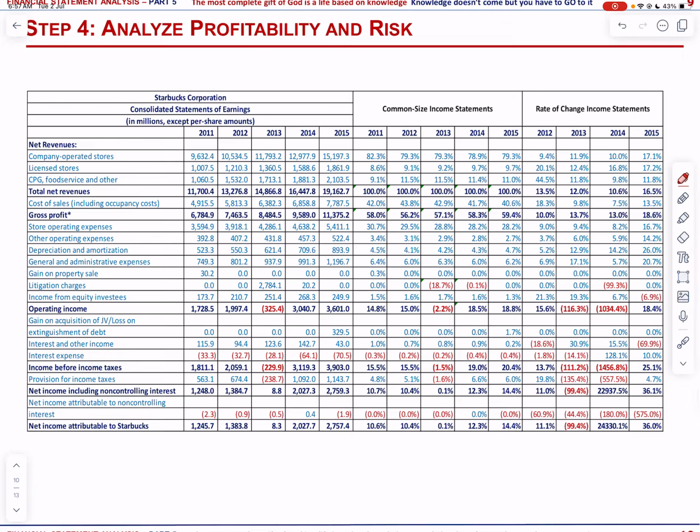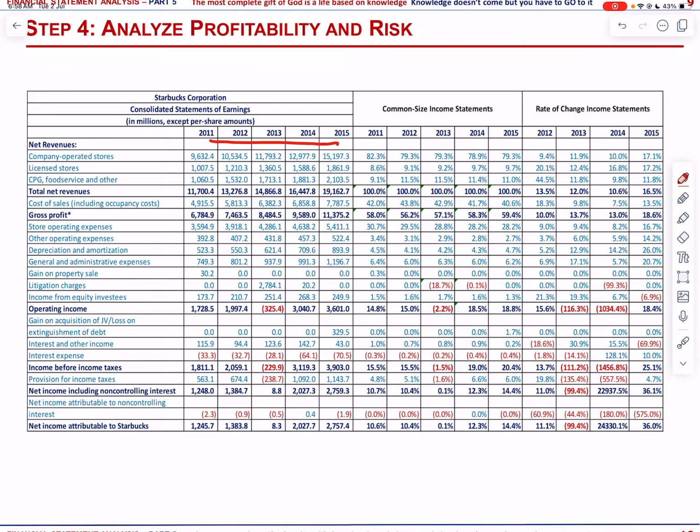Now, Starbucks common size income statement from the year 2011 to 2015 highlights fluctuations in net income as a percentage of total revenue.